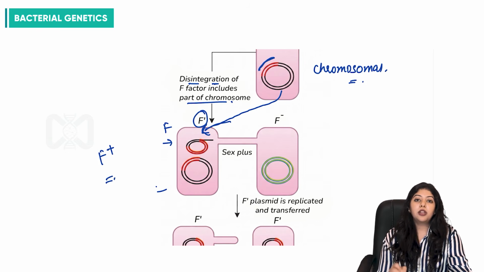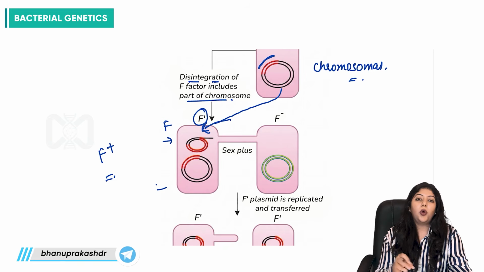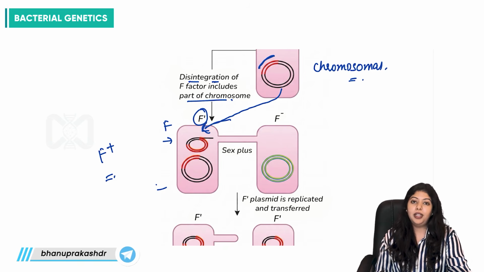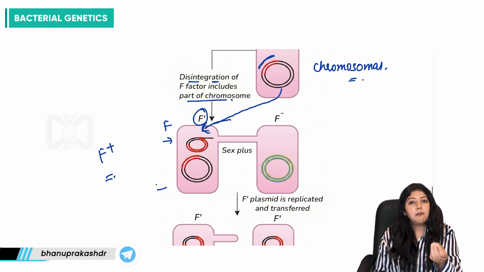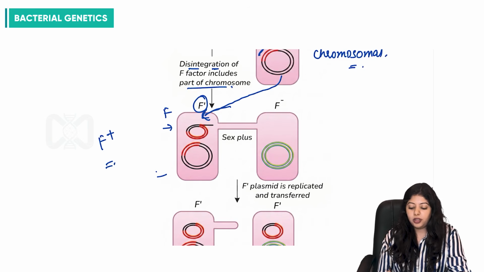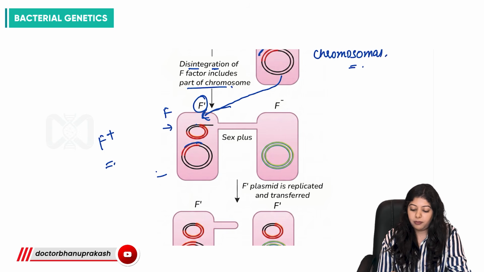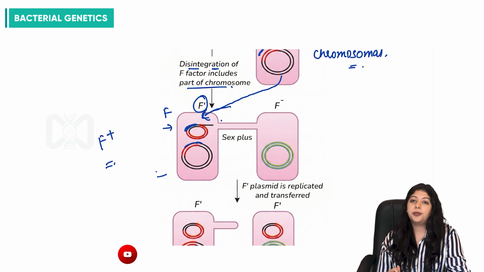It is only because of the transfer of some chromosomal DNA into the F plasmid while disintegrating, right? So it takes along some part of the chromosomal DNA into the plasmid. So now this becomes the F prime cell. It has its own chromosomal DNA and it has a plasmid having some chromosomal DNA attached.